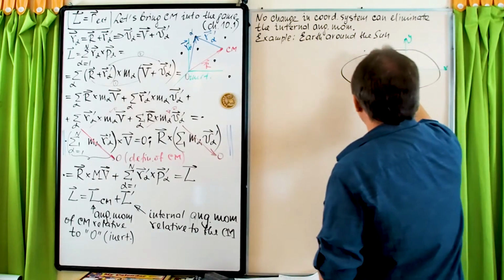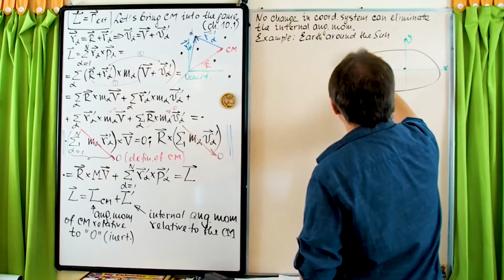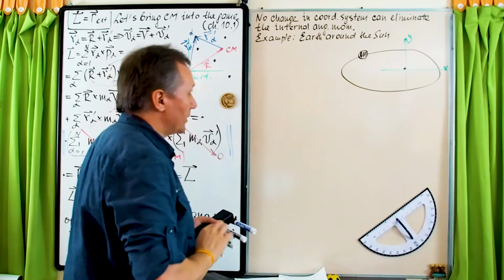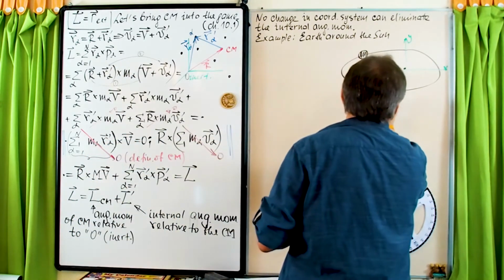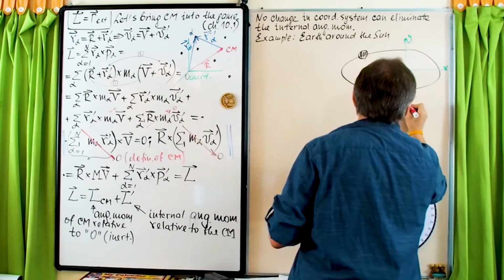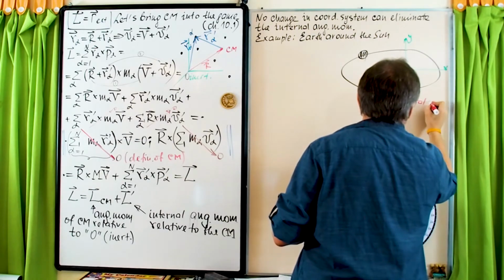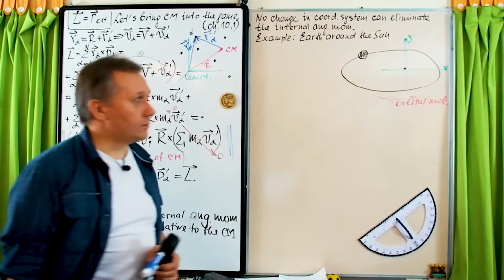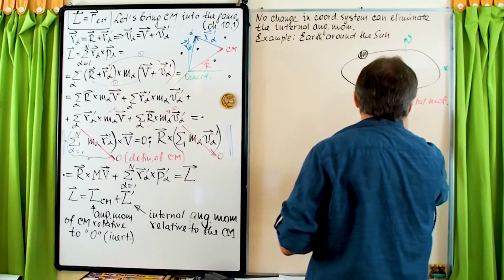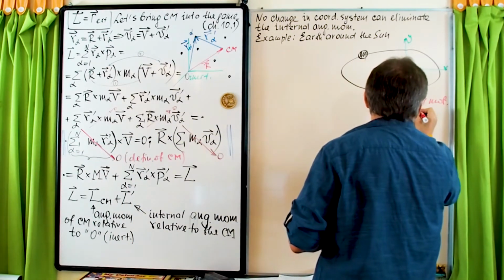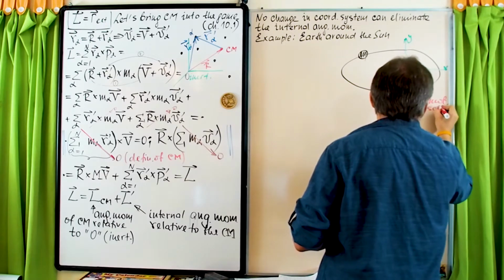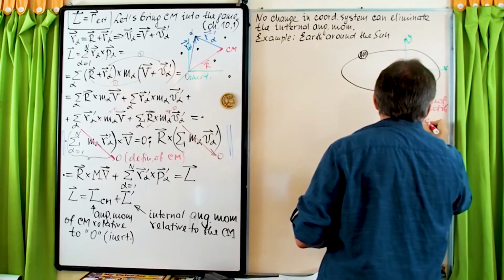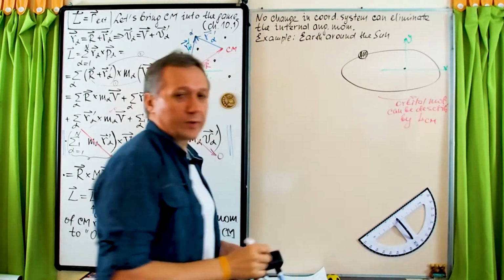And let's say the Earth is here. So the orbital motion can be described using L sub CM. By L sub CM, orbital motion.